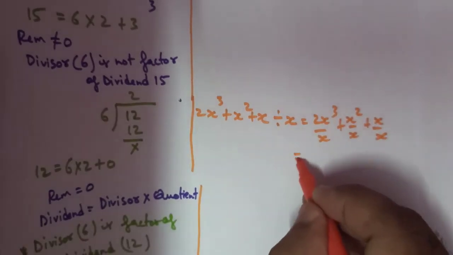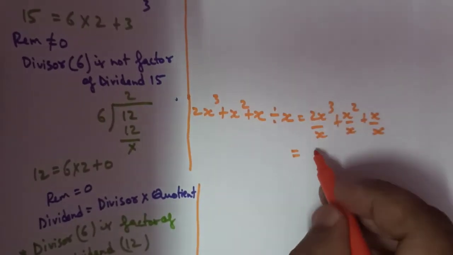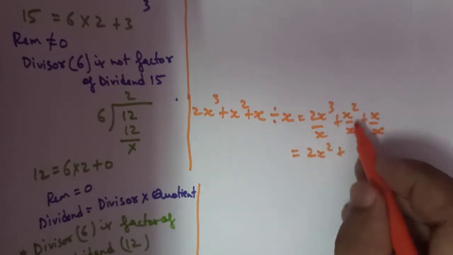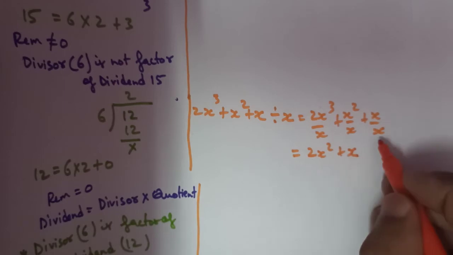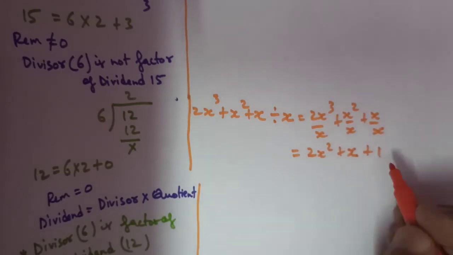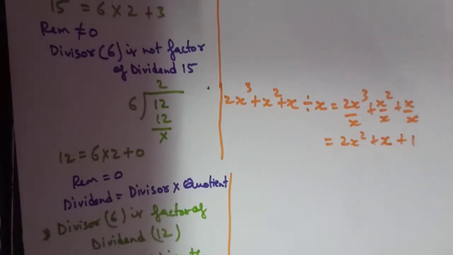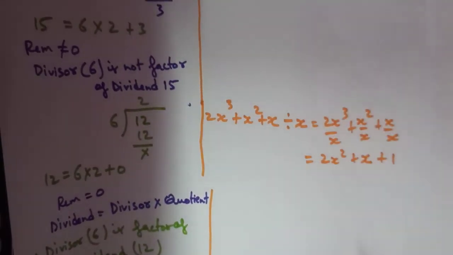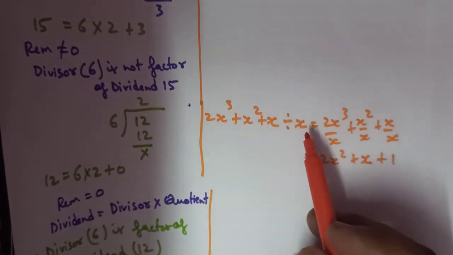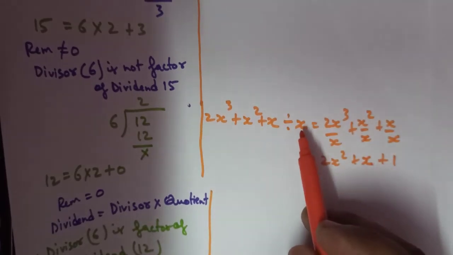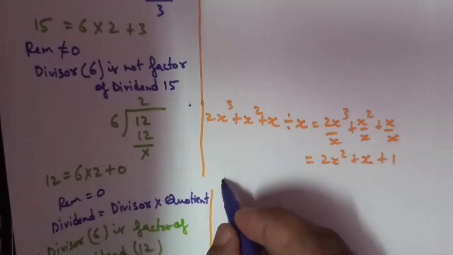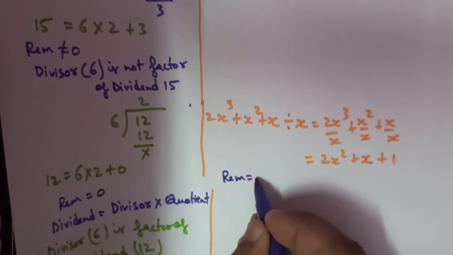So here we get 2x cube upon x will be 2x square, plus x square upon x will be x, plus x upon x will be 1. We have got the quotient. So all the three terms are completely divisible by the given divisor polynomial, so in this case also the remainder is equal to 0.